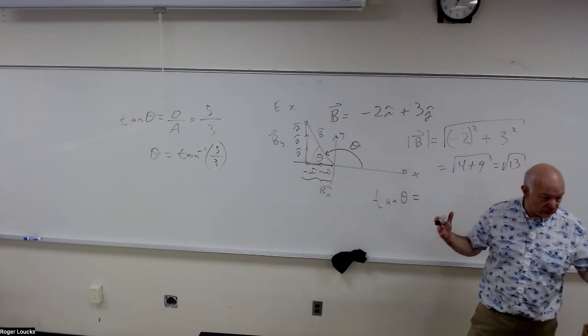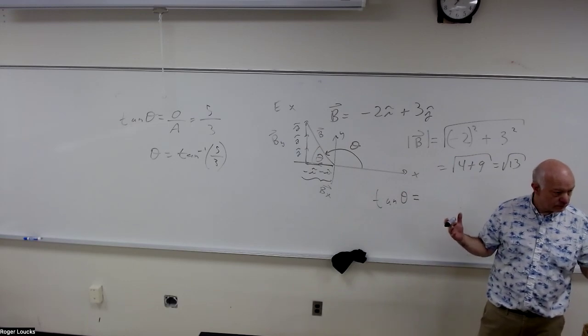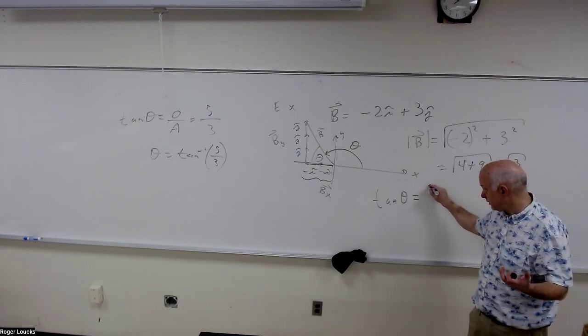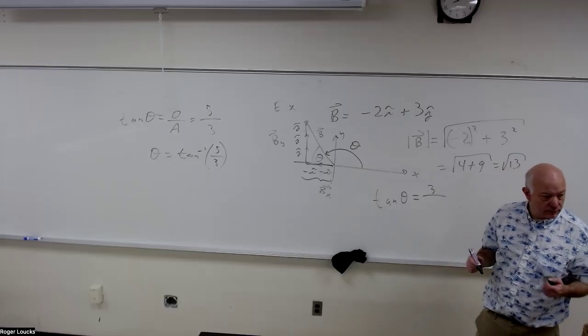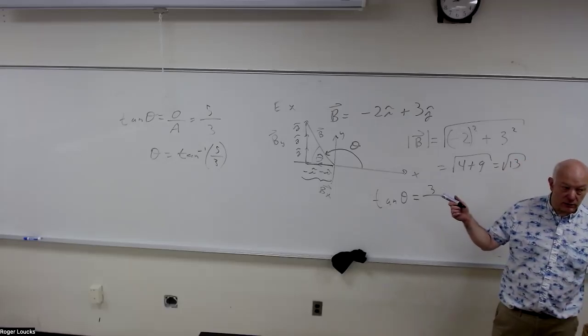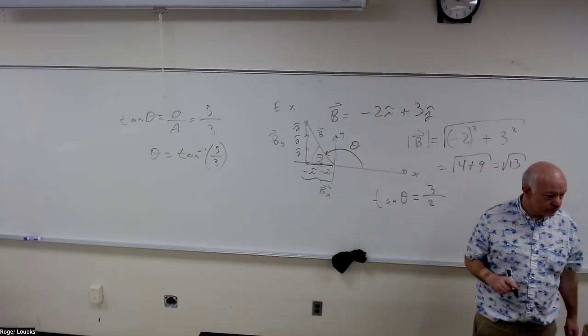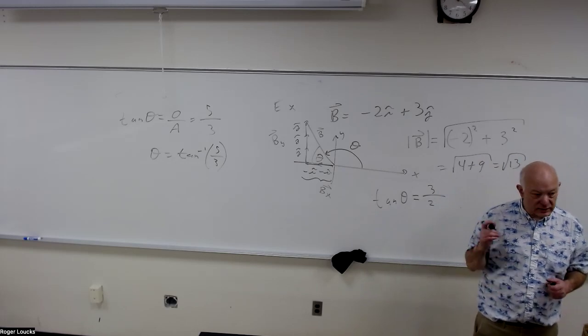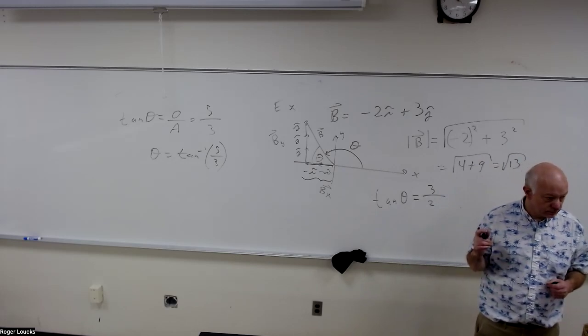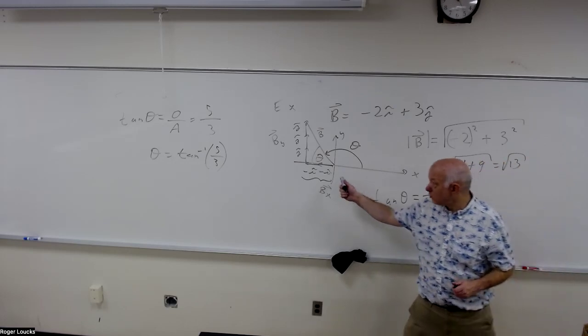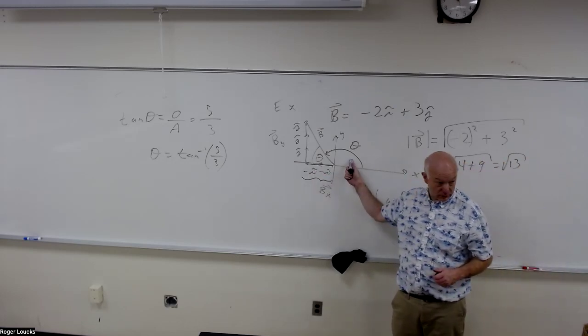Yeah, it's going to be the tangent of theta again. It's opposite over adjacent. The opposite will be 3. The adjacent, using my angle here, is going to be 2. Do not put in minus 2, because I don't want this angle here.